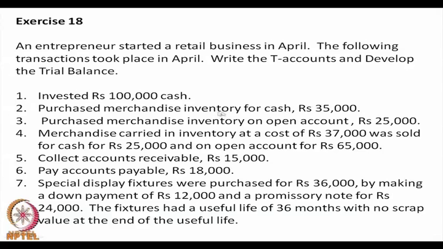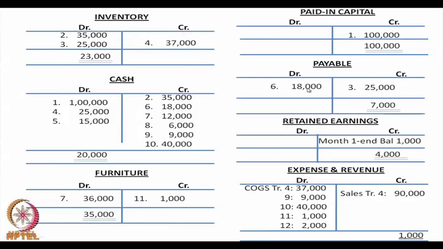Both are assets. Inventory is also an asset, cash is also an asset. So, we show inventory and cash as the two relevant accounts. Now, cash reduces by 35,000 for transaction number 2.